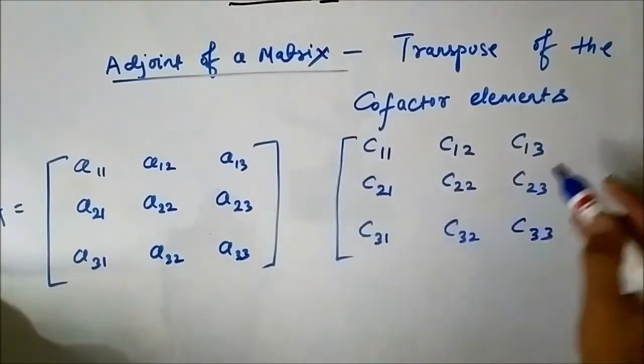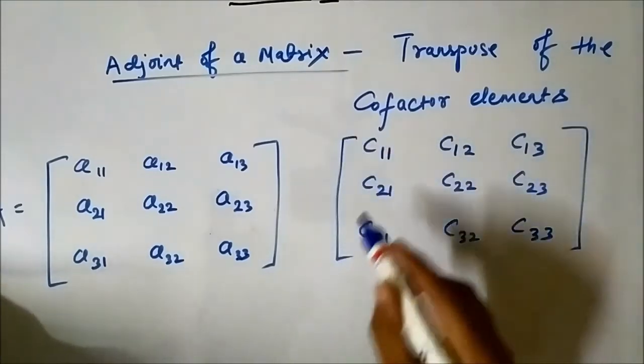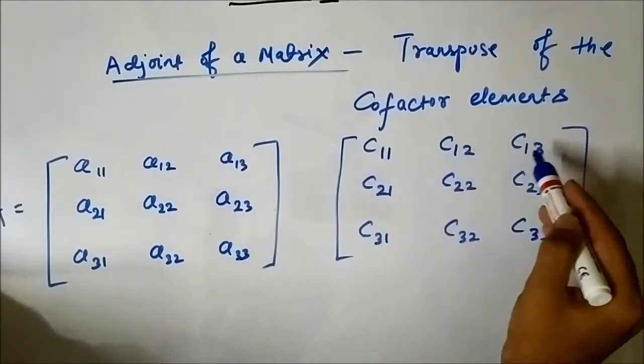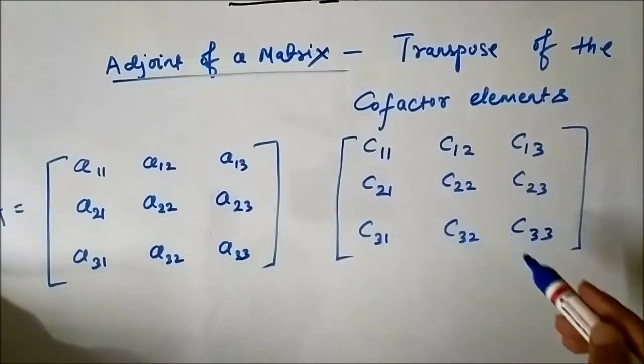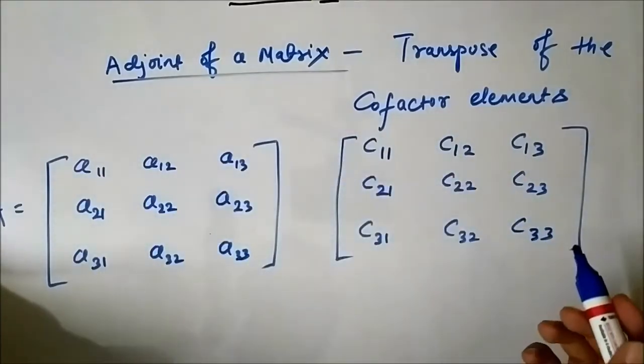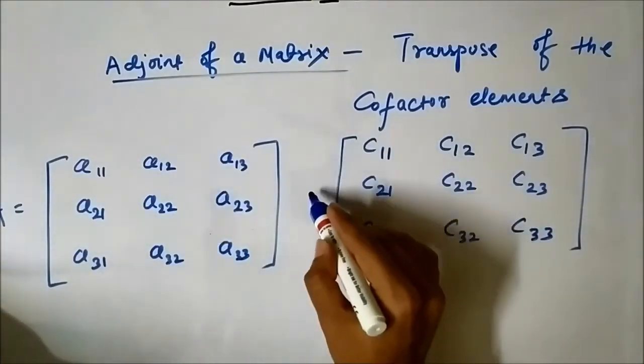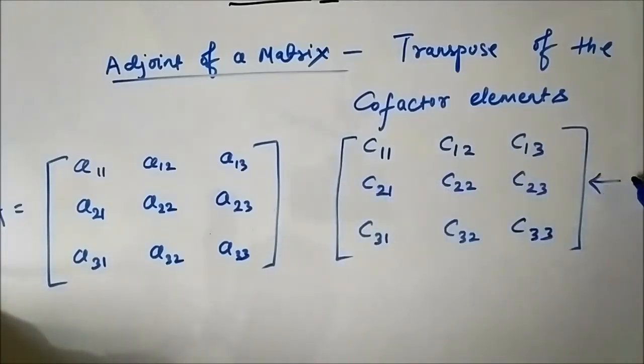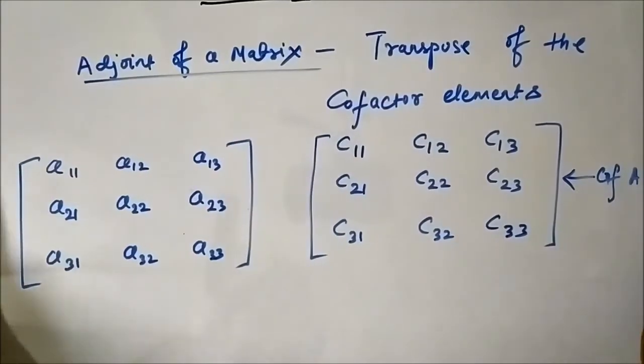Let's say this is the cofactor matrix where C11, C12, C13, C21, C22, C23, C31, C32, C33 are the cofactors of the respective elements. This is the cofactor matrix of A.